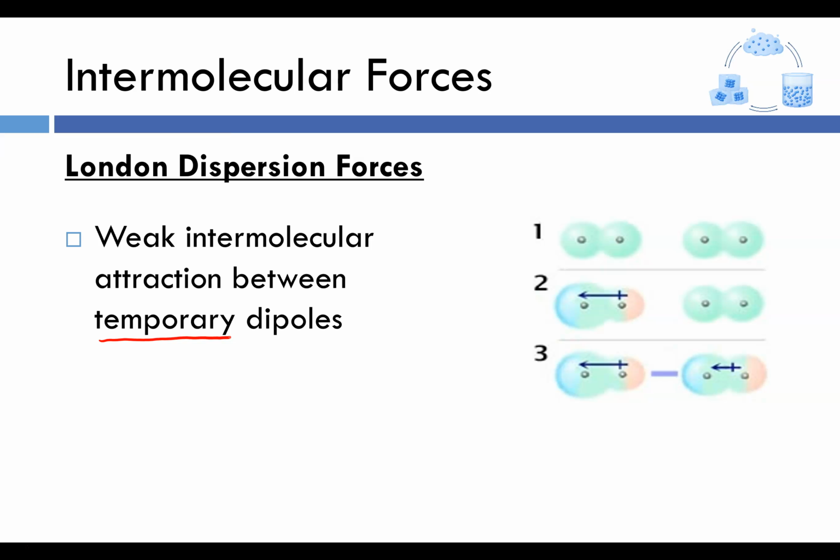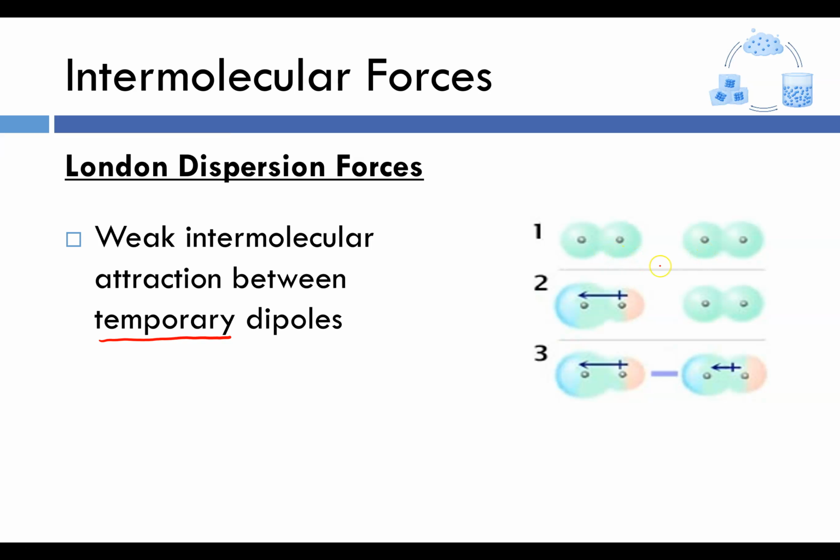All right, if we think about our dipole-dipole as being like magnets, we know that magnets will attract one another. Have you ever had balloons attracted to one another? You take a balloon and rub it on your hair, and if you do that with a couple balloons, you can charge them and they will stick together temporarily. That's kind of the same idea with what London dispersion forces are.